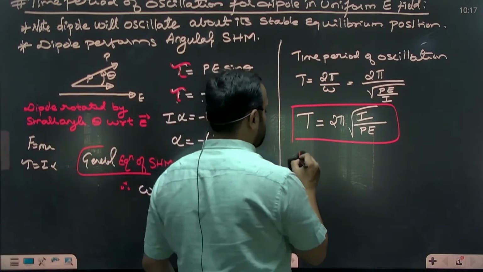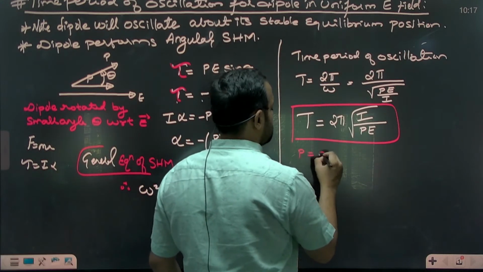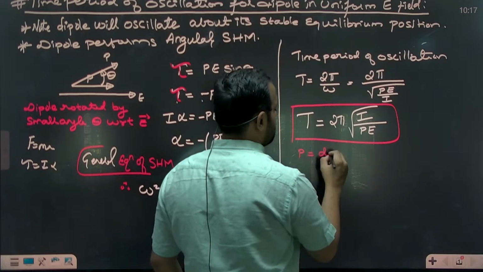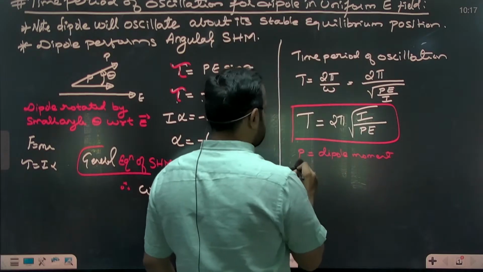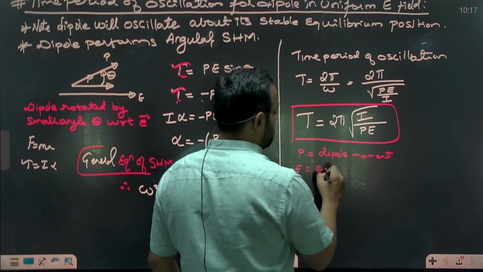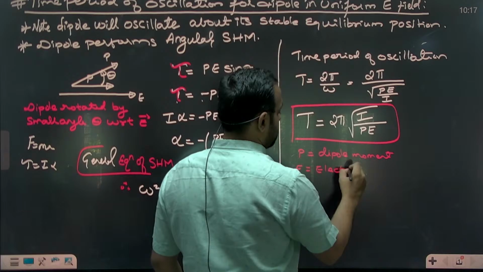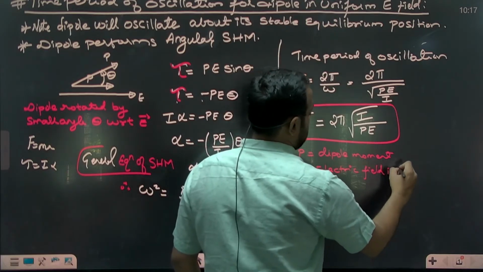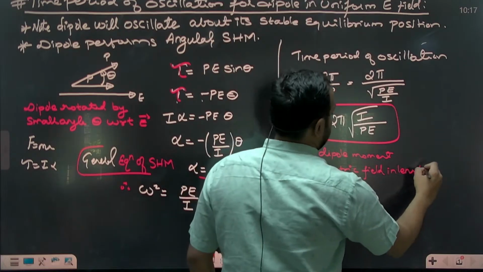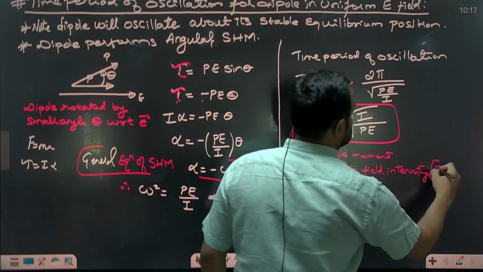So what is P? Dipole moment. What is E? E is the electric field intensity. This is the external field.